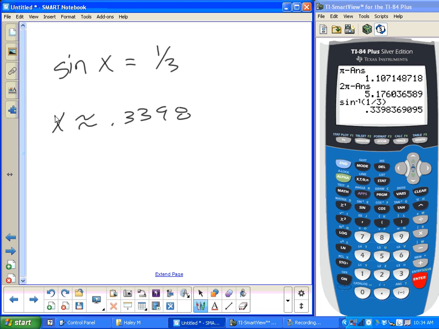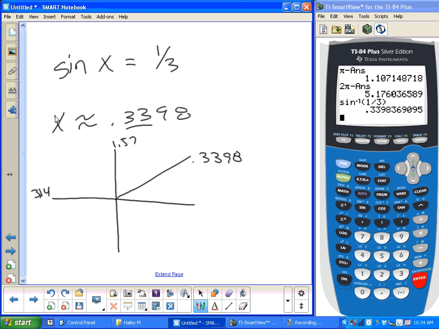Okay. Now let's see what you guys just said. Sine is positive in the first and second. Now we got the one in the first, because that 0.3 something is going to lie in the first quadrant. That's 1.57. I'm going to stop right there because that's all I need. The other place where sine is positive is in the second quadrant.